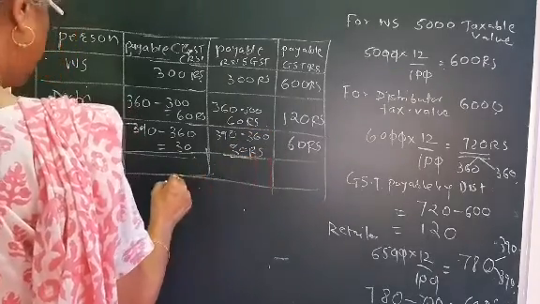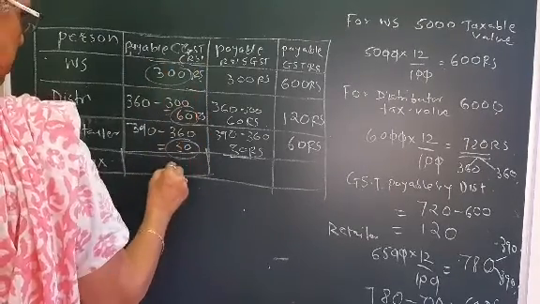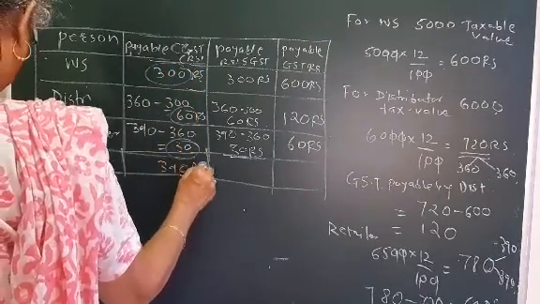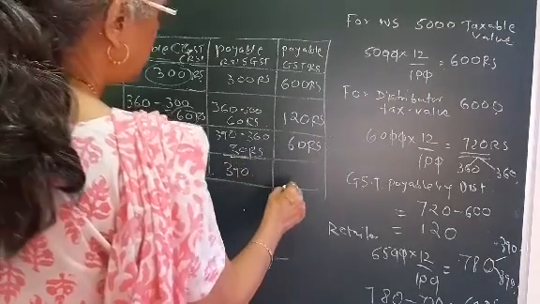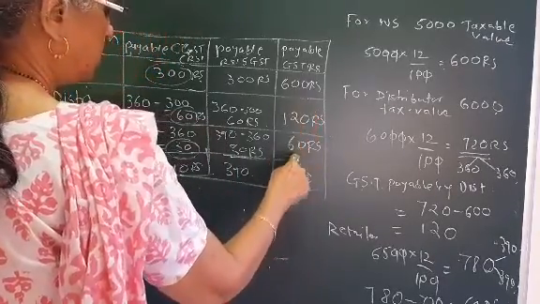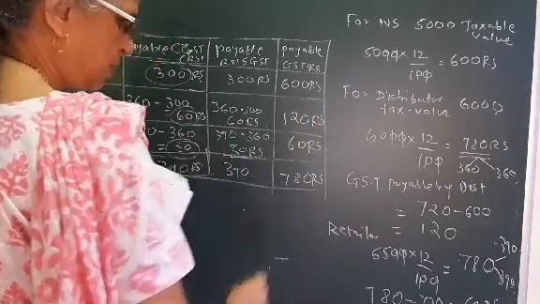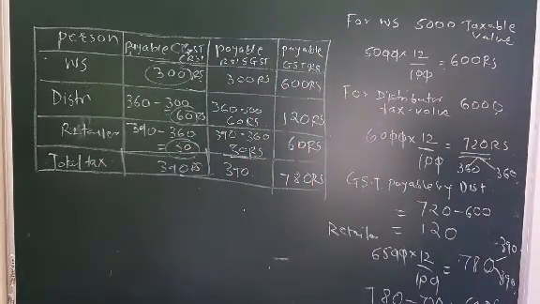So the total is 300 plus 60 plus 30, that will give you 390 rupees. Again here 390 rupees, and this will be total 780, 720, 600. So that is the table which is expected as answer number 1 in this question.